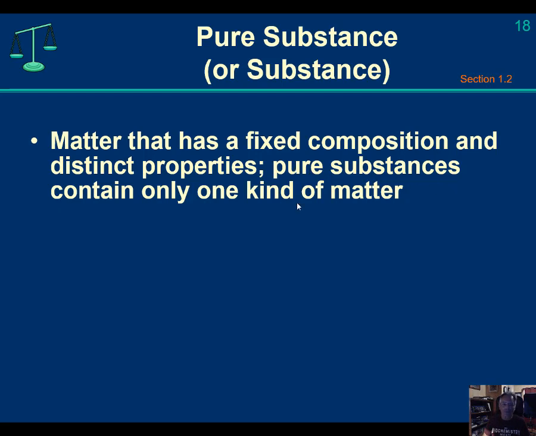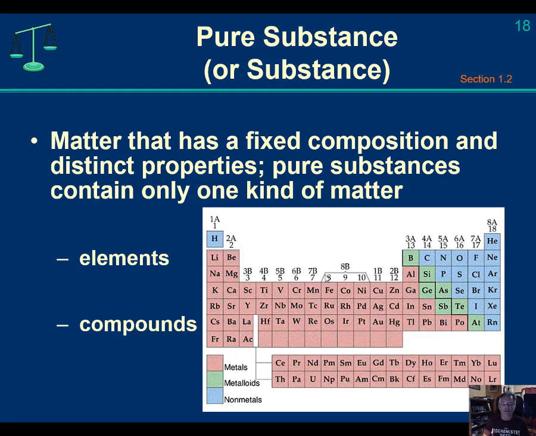So pure substances contain only one kind of matter, and those we can further characterize as pure elemental substances or pure compound substances. So if I look at a periodic table, and this is the periodic table of the elements, each of these symbols represents one particular element.